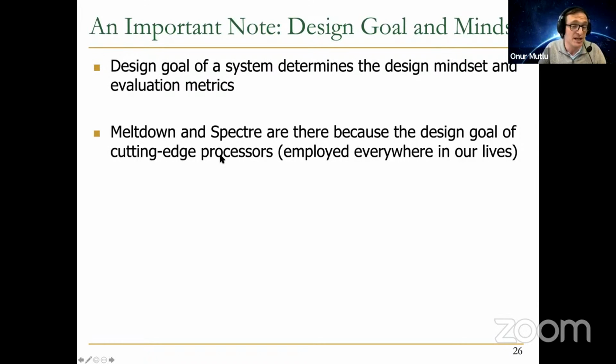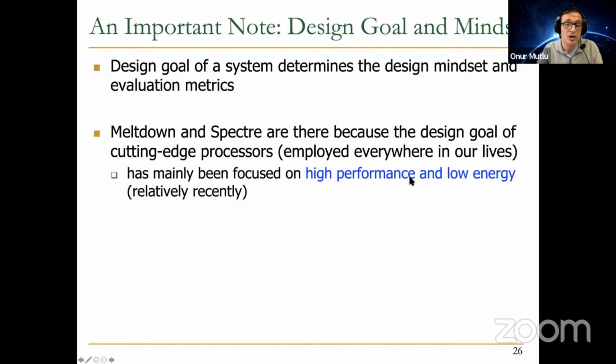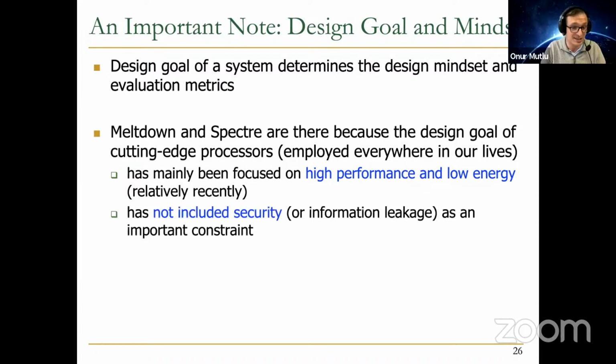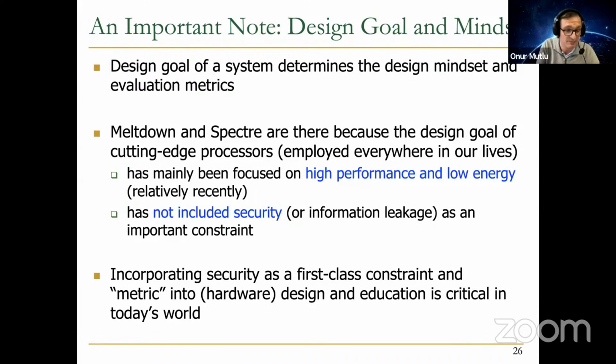Because the design goal of cutting-edge processors employed everywhere in our lives has mainly been focused on high performance and low energy relatively recently. Of course, cost is always there. Even energy is relatively recent. It happened starting in late 1990s, early 2000s. But it does not include security or information leakage as an important constraint. So going forward, incorporating security as a first-class constraint and a metric into design and education is critical in today's world, and especially hardware design, but also in software design.